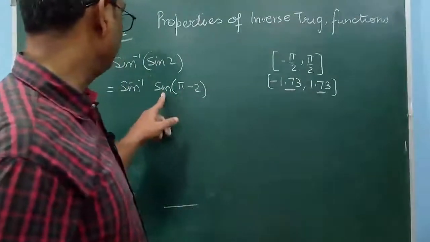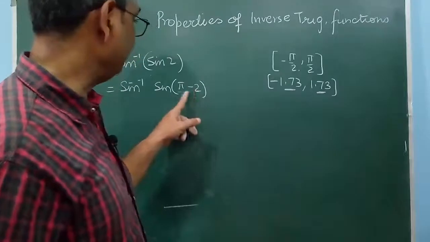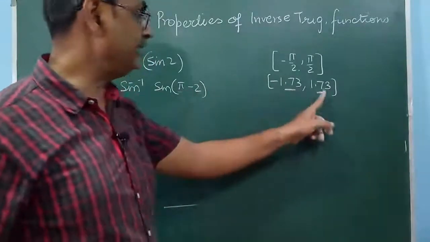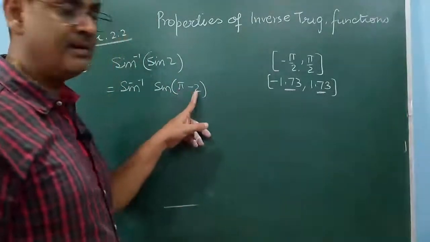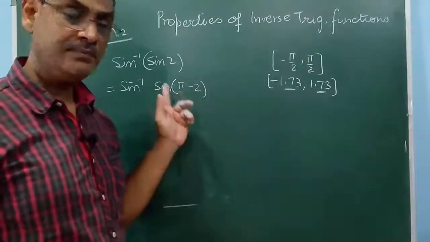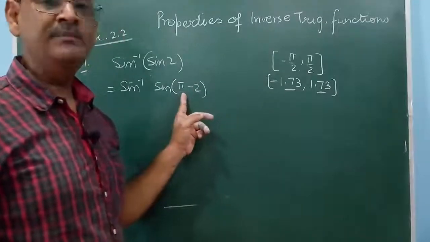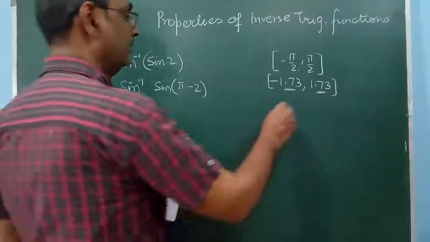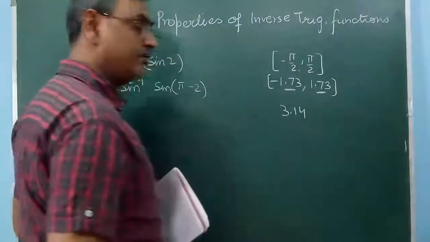The angle that we have here, pi minus 2, should be in between these two. So pi means 3.14, and 3.14 minus 2 is 1.14.